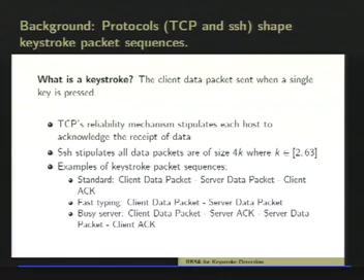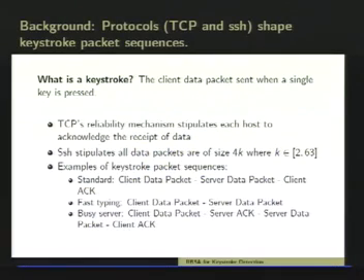As far as this goes, you'll also have some other types of keystroke packet sequences that will arise. For example, when someone's typing quickly, or perhaps there's a long distance between the server and the client machine, you might have a keystroke packet sequence that consists of a client data packet followed by a server data packet, where the acknowledgement packet is actually lumped onto the following keystroke's initial client data packet.